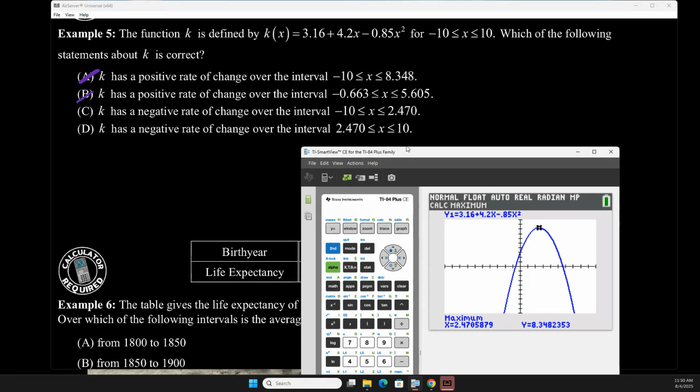What do y'all think? That's wrong. So hopefully D is right: a negative rate of change from 2.470 all the way to 10. Any questions on that? It's just to see if you guys can find the maximum and minimum.